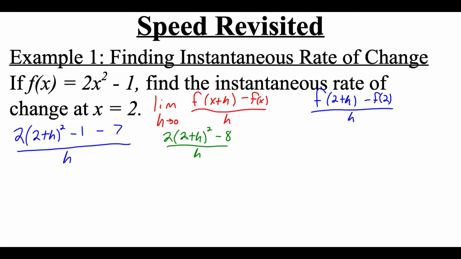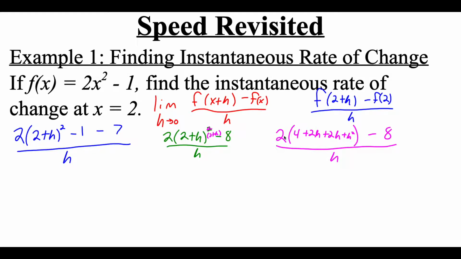We should work on squaring that binomial in there. So (2 plus h) squared really means times another (2 plus h). So we're going to have 2 times 2 is 4, 2 times h is 2h, h times 2 is another 2h, and then h times h is h squared, and then we have minus 8 on the back end, and this is all over h.